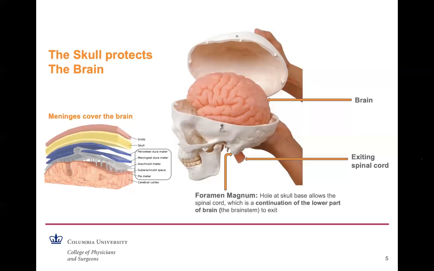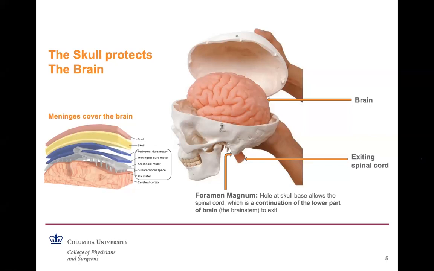The layer immediately covering the brain is called the pia mater. The layer above the pia mater is called the arachnoid mater. And the layer above the arachnoid mater is the dura mater. So these three layers are the external coverings of the brain, and the dura mater is the covering right below the skull.